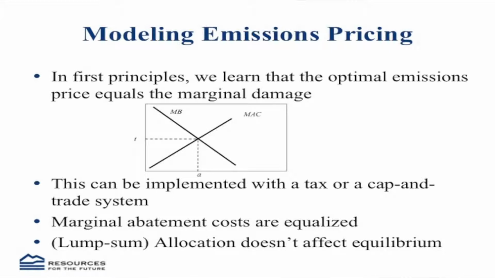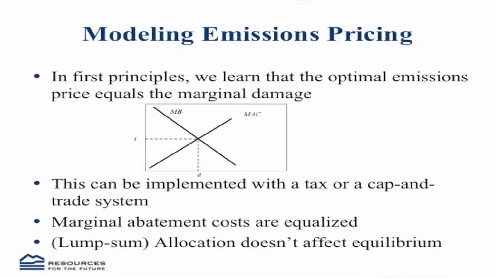And then, okay, so then you have a pot of revenue. You have the emissions price times the remaining emissions. So what do you do with that? Well, if you allocate that lump sum, say by grandfathering the permits based on some historical emissions factor, then it doesn't affect this equilibrium.